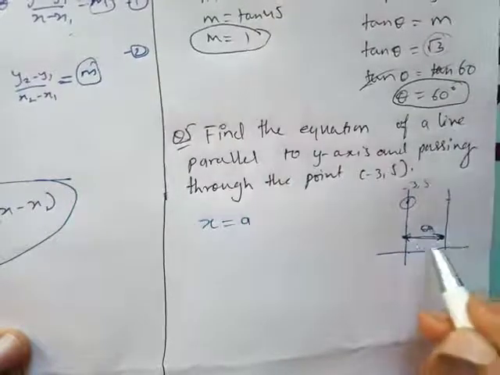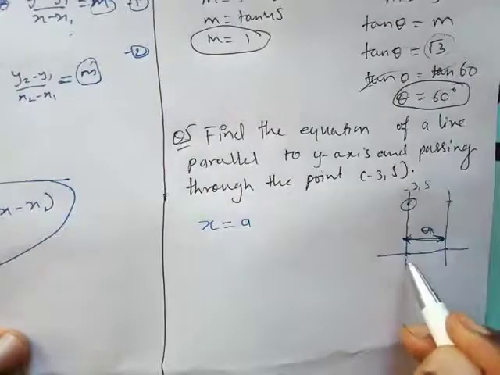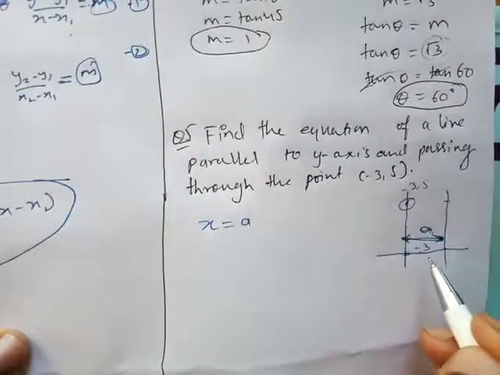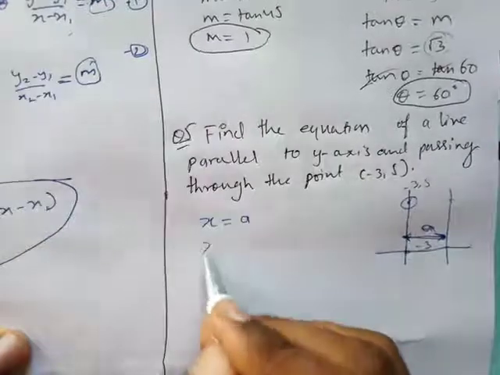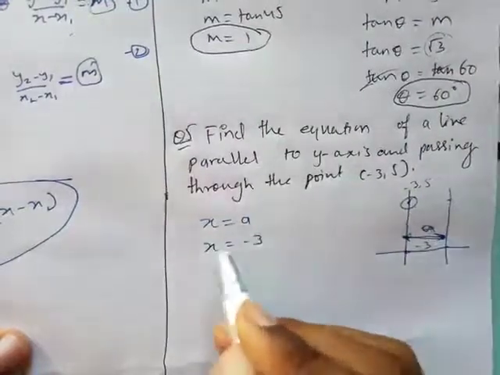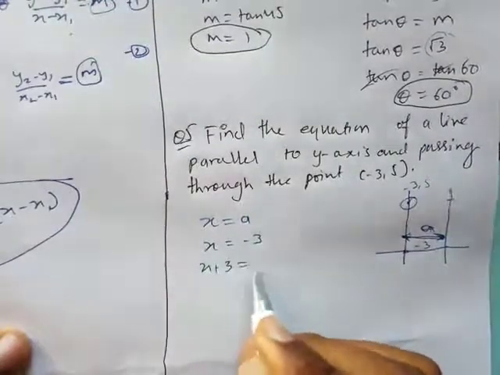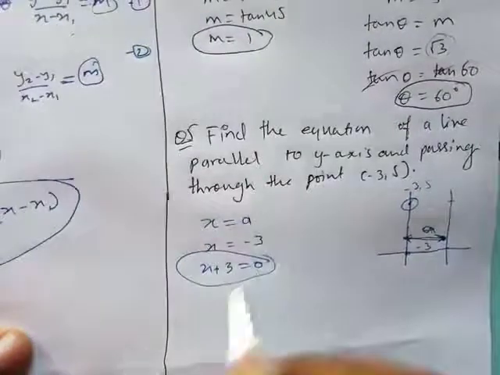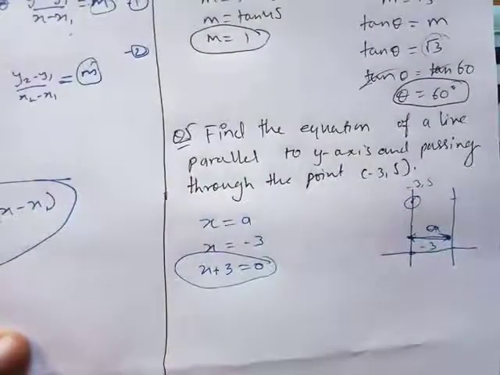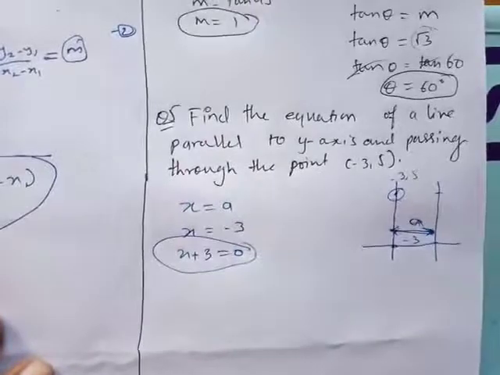Now you tell me what is this distance going to be? That is -3, isn't it? So that's why x equals to -3, and -3 you can bring over here, and this is the equation of a line. X plus 3 equals to 0. That's how you find the equation of a line.